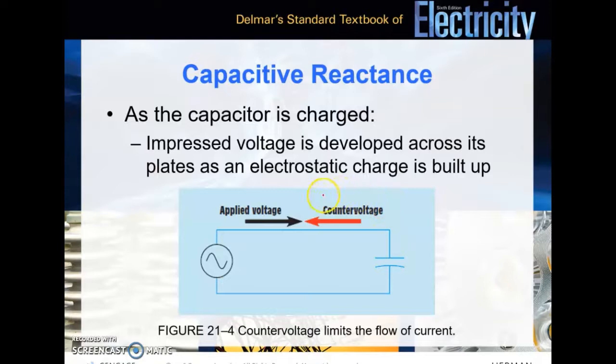This impressed voltage, or counter voltage, opposes the applied voltage, and therefore it limits the flow of current. So there is a current limiting effect. This is very similar to how inductors work.